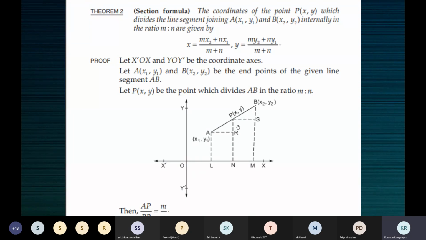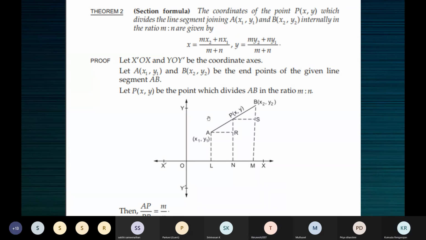From here to here is x, and on the y-axis this is y. So PN is y. And how do you find RN? No, RN is nothing but AL. How much is AL?